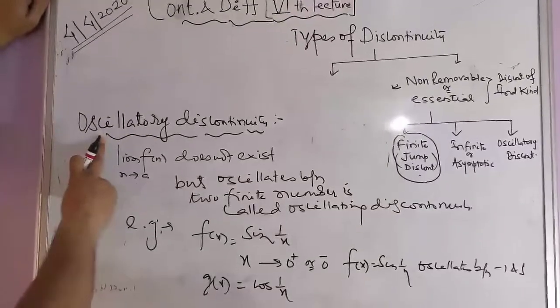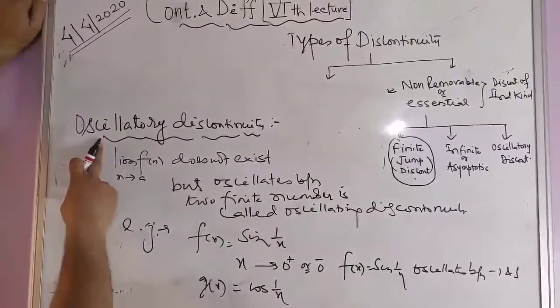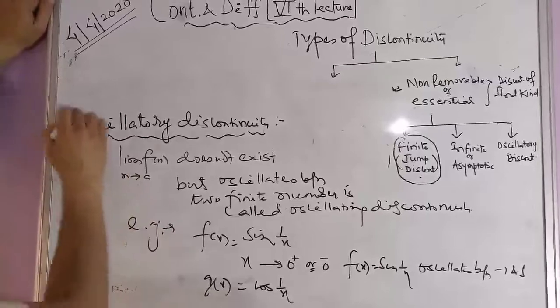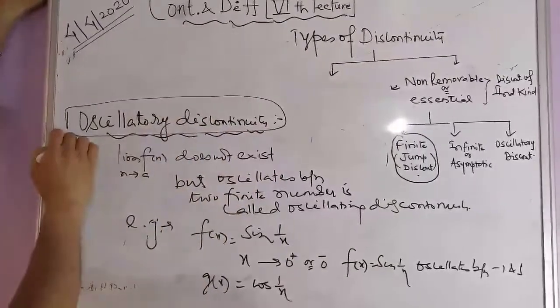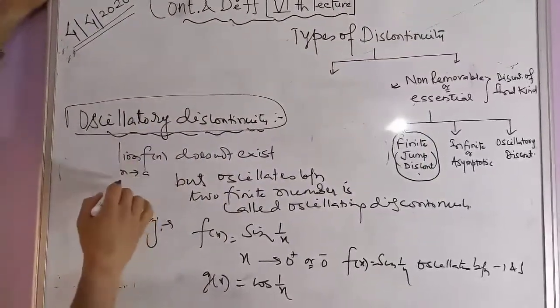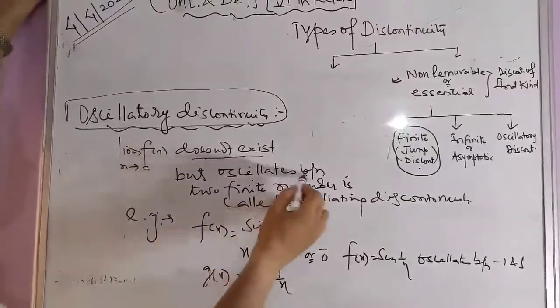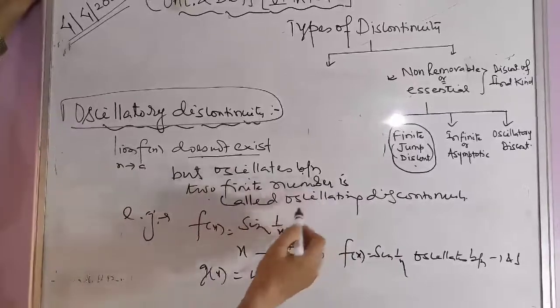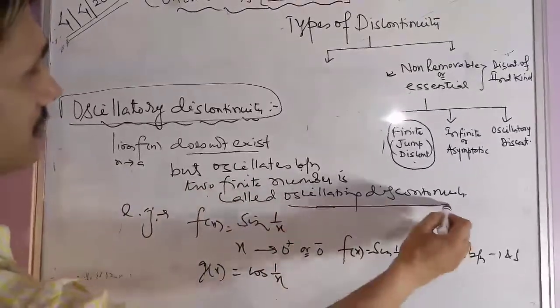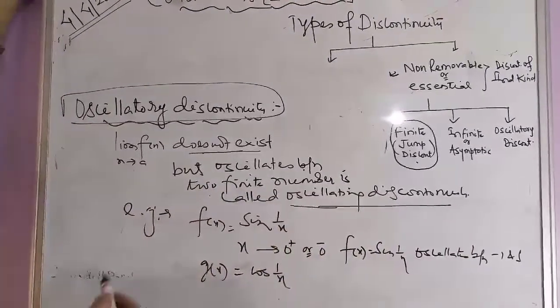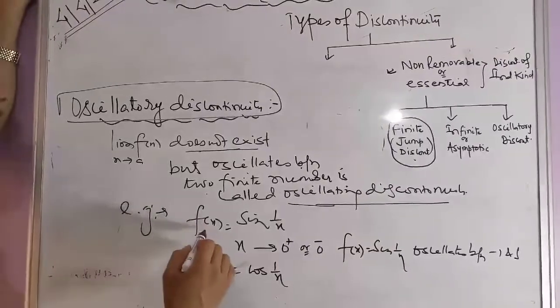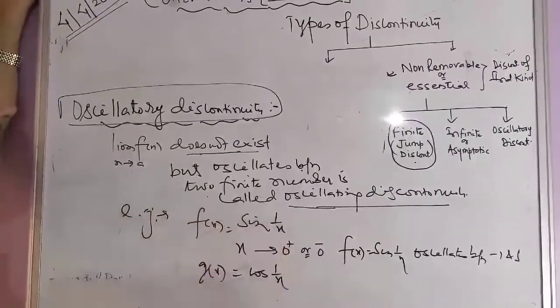The third subtype of non-removable discontinuity is oscillatory discontinuity. If the limit of f(x) as x tends to a does not exist, but f(x) oscillates between two finite numbers, it is called oscillatory discontinuity. As for example, f(x) equal to sine 1 by x.